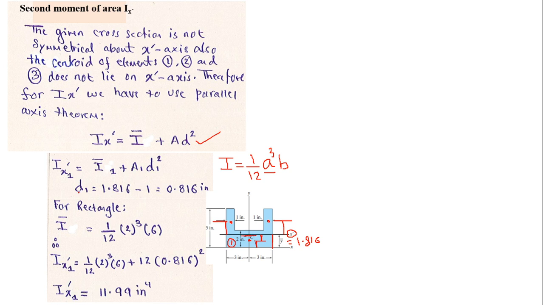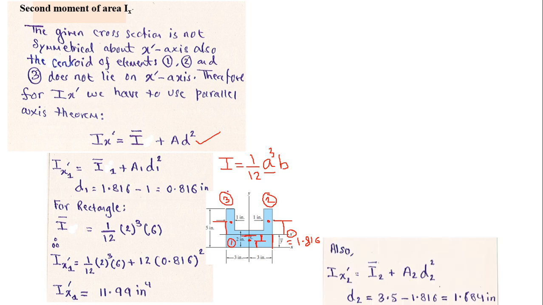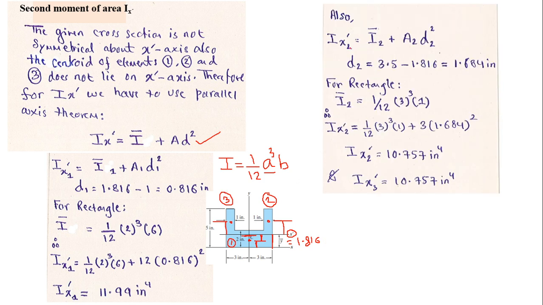Now we have to repeat this procedure for shape number 2, which was this smaller rectangle, and shape number 3. So I have used the subscript 2 now for this smaller rectangle 2, which is equal to I bar 2 plus A2 D2 square.